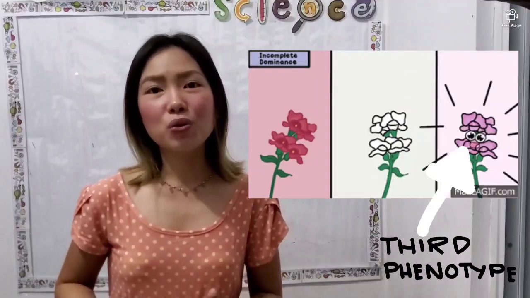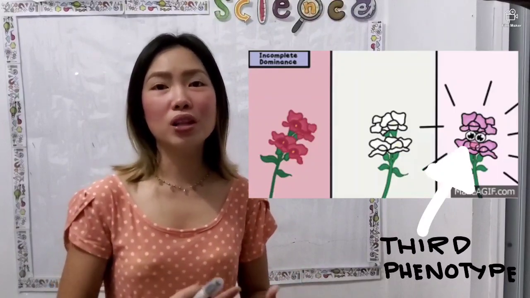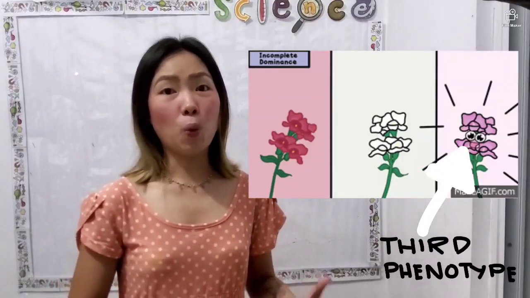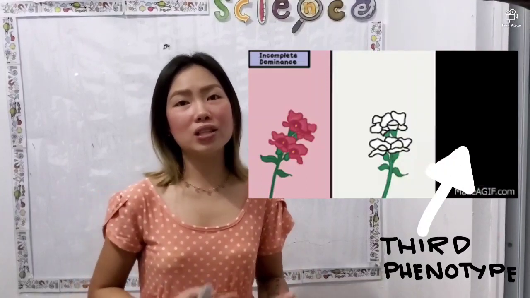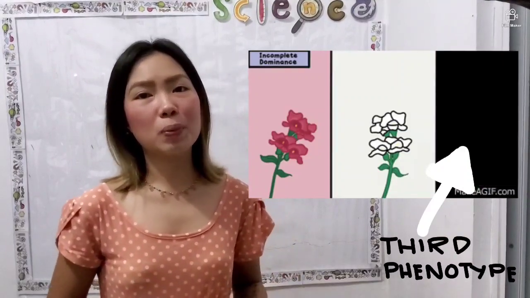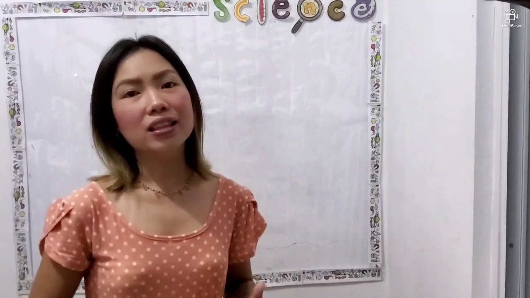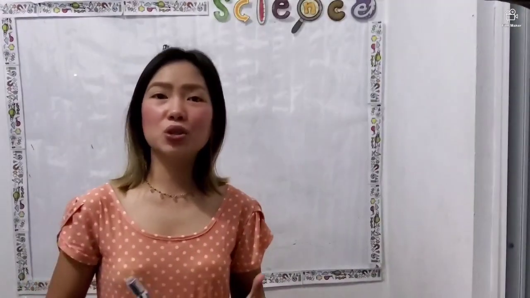Nag-produce ka ng panibagong kulay na wala dun sa pinag-crossbreed mo na kulay red and white. Since the color produced between the red and the white is pink, that is now our third phenotype, kasi ang first and second phenotype natin is the red and the white. Wala dun yung kulay pink. And pink is considered now as the third phenotype.